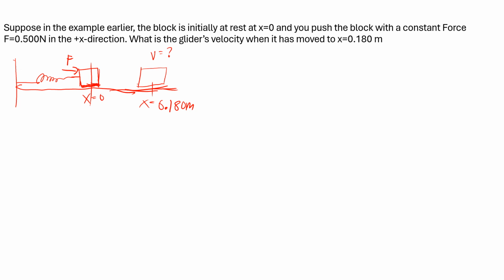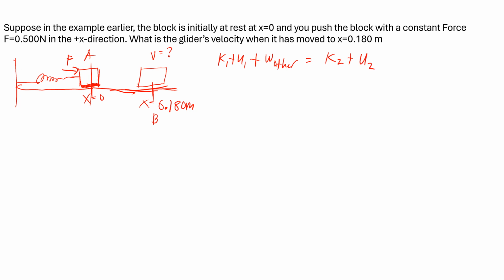Since there is a constant force while moving this block from point A to point B, we need to take that into account in our formula now. So from K1 plus U1 plus W_other will be equal to K2 plus U2.